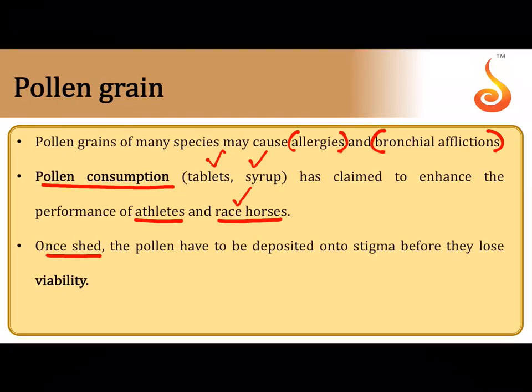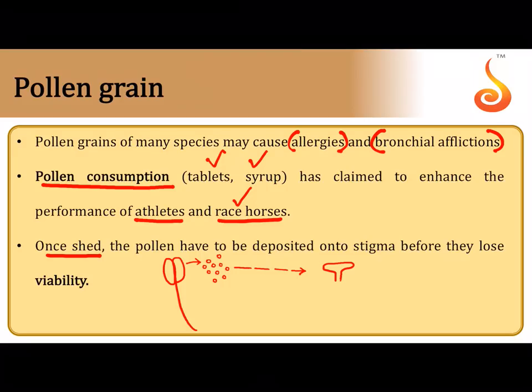Once the pollen is released, where should it go? Remember, from the anther, we have the pollen that is coming out now. We saw that the pollen that is coming out is either two-celled or it is three-celled. Where should it go now? It should go and get deposited on the stigma of the carpel, isn't it?